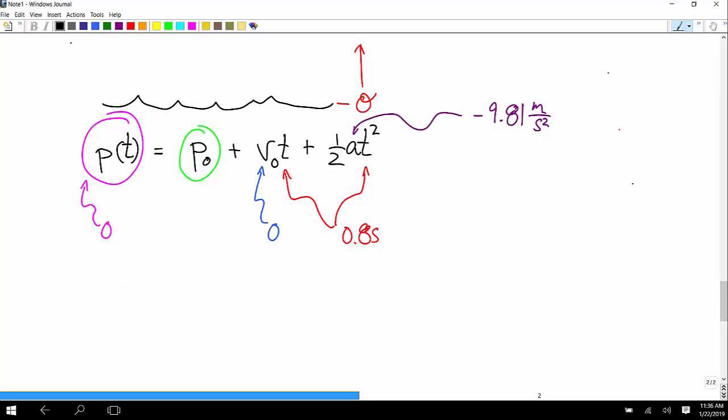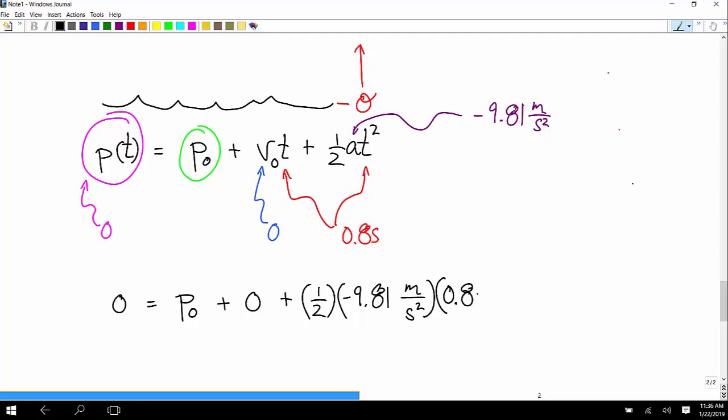Okay, so now our equation says 0 is equal to P0 plus 0 times something is 0 plus 1/2 times 9.81 times 0.8 seconds squared. You can keep the units in the calculations if you treat them like algebraic variables, and they'll all cancel out. I'll show you how that works, but you don't have to do that.